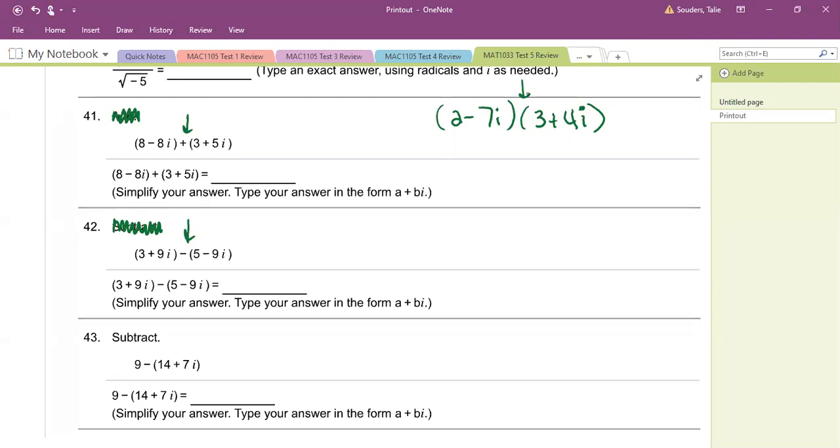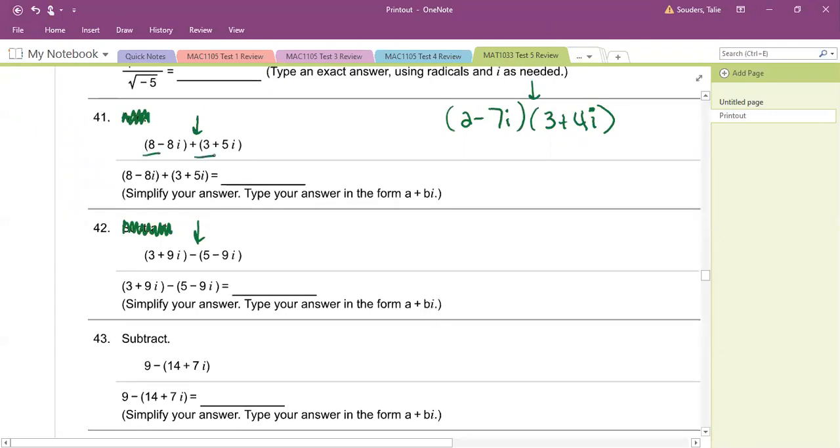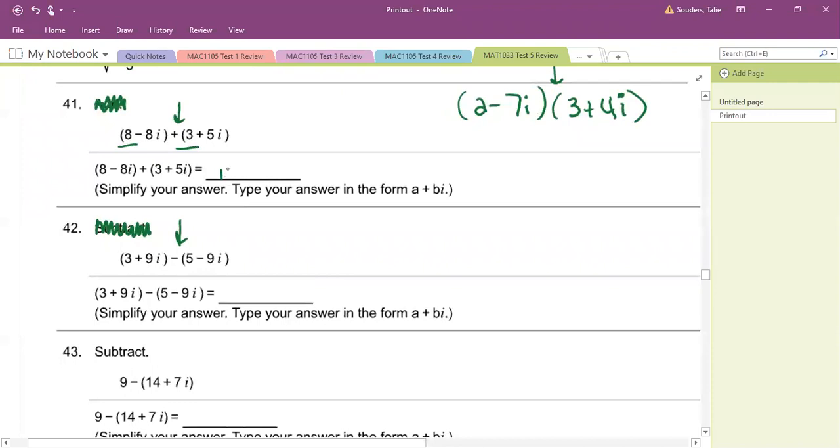Okay, so in 41, we're just adding, which means we're combining like terms, right? So what is 8 plus 3? We're going to combine our constants together and then combine the imaginary parts with i together. So 8 plus 3 gives us 11. And then negative 8i plus 5i. Negative 3i.